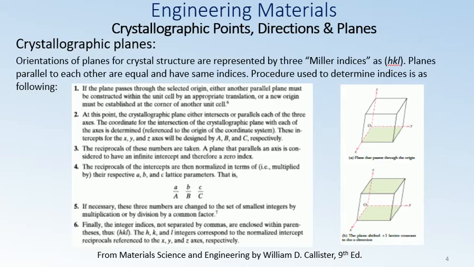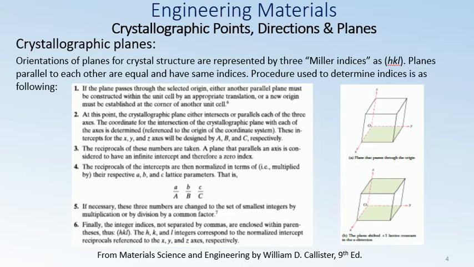We have talked earlier that planes that are parallel to each other have the same indices. So if the plane is passing through the origin, you will take it to a position that again is parallel to the original plane, and then you determine the coordinates or indices for this plane with respect to the reference, and these are again the same because planes are parallel.